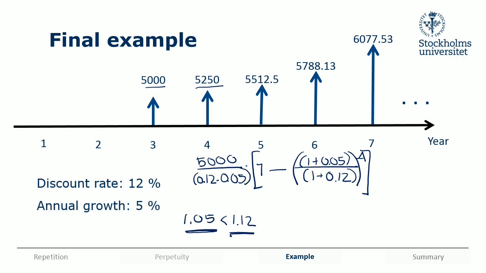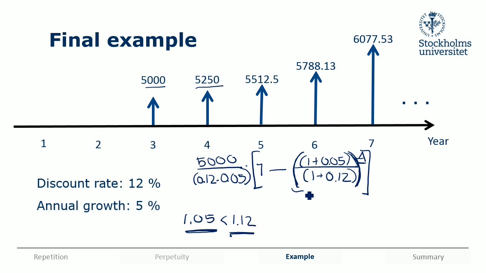So what will happen is that this whole term here will go towards 0, just as in the previous case. Not as fast, but it will go towards 0 when a here goes towards infinity.